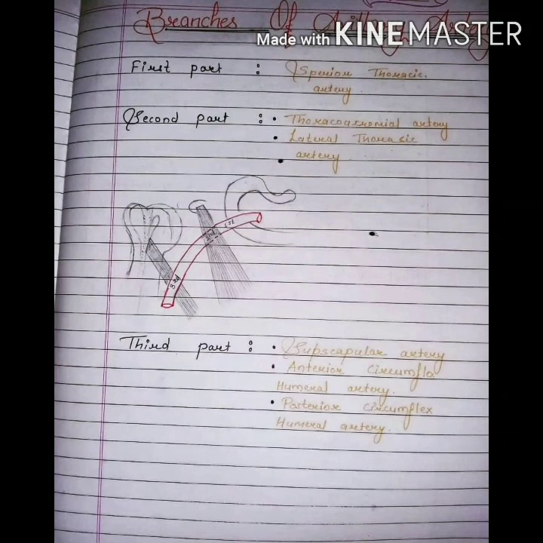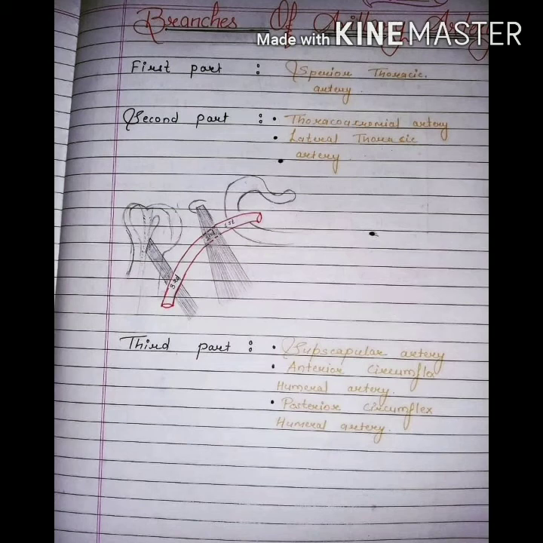In this way you can remember. The first part has the superior thoracic artery. To remember: it is in the superior direction, the upper direction, and in the thoracic region, so it got the name superior thoracic artery.